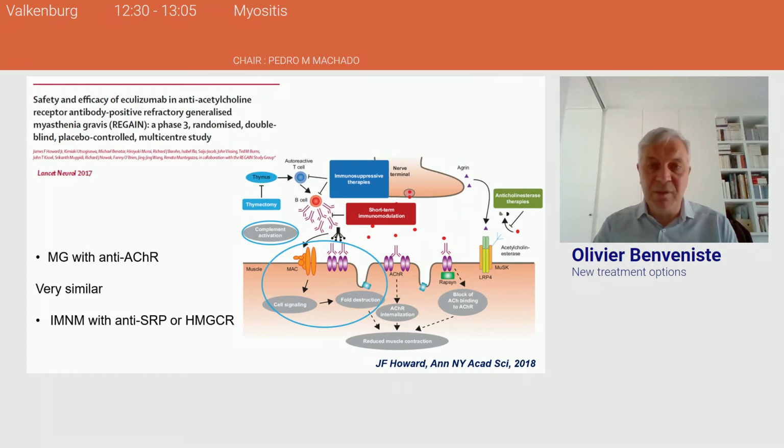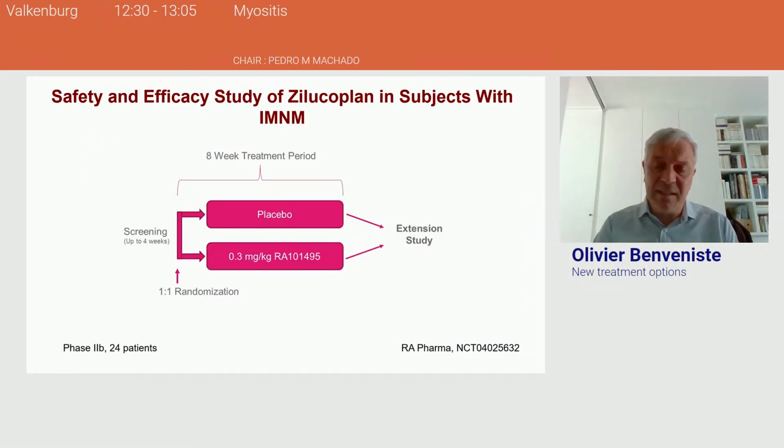And I think that we are in a very similar situation. That makes that we started with others this phase 2B trial for immune-mediated necrotizing myopathies using this molecule, which is an anti-complement small molecule to block the complement activation. So this trial is now ongoing.